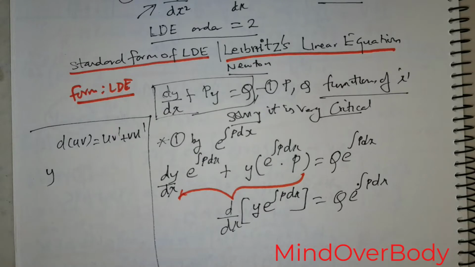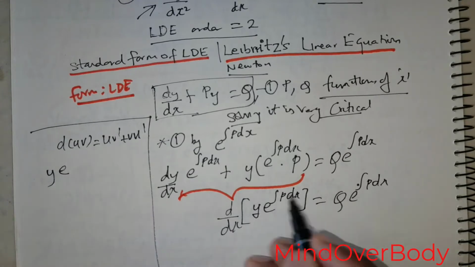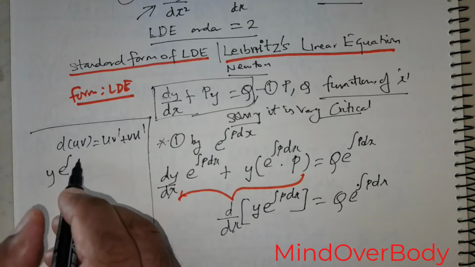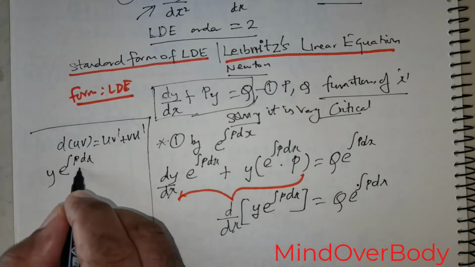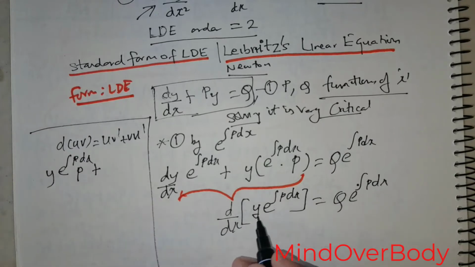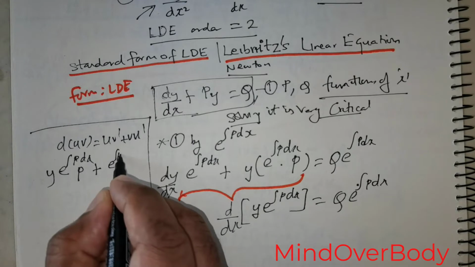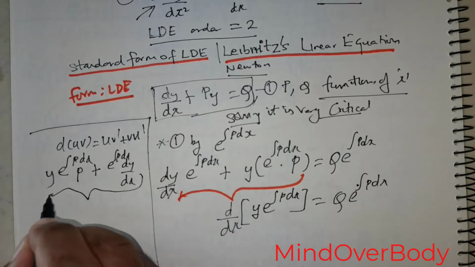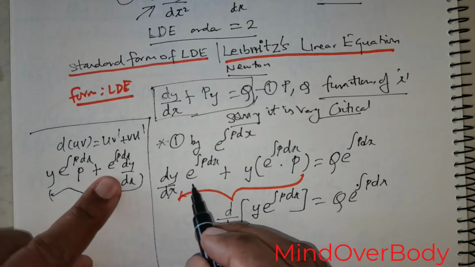If you differentiate a quantity like this, it is retained, because it is exactly e raised to the power of integral p dx, so I just place p there. Plus, I need to now differentiate the y term, which gives e raised to the power of integral p dx times dy over dx.